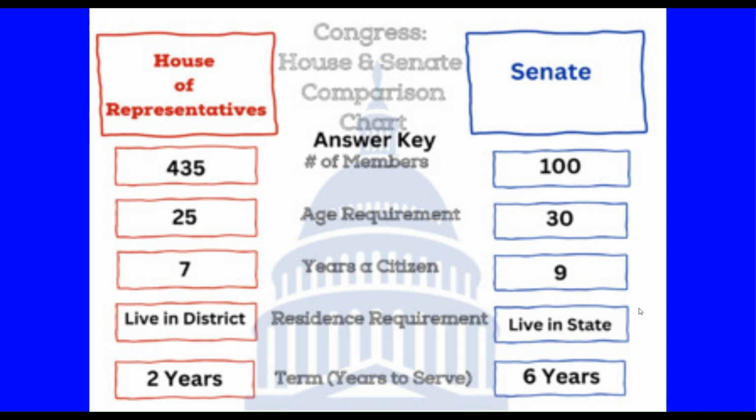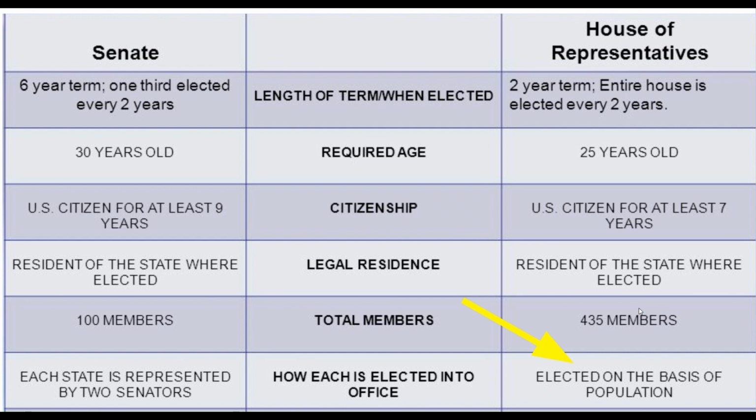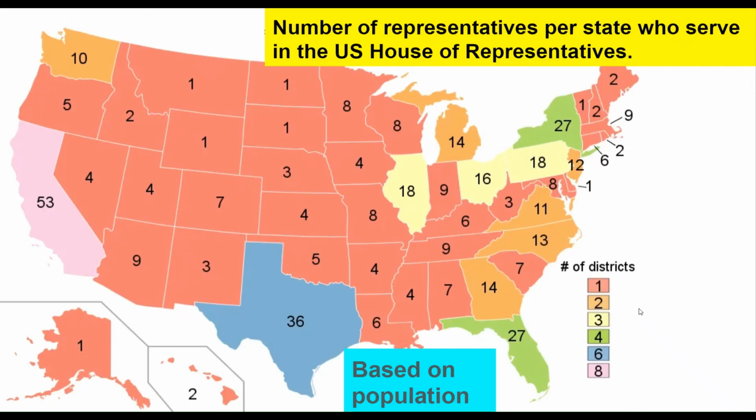Whereas for the Senate, you have to be a citizen at least 9 years before you become a candidate. And the term is different, 2 years for the House, 6 years for the Senate. Some of you like your information more like this, where it's very clear and delineated and in nice blocks. So that's a good slide to have when you take the quiz.